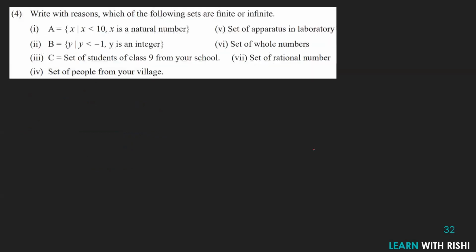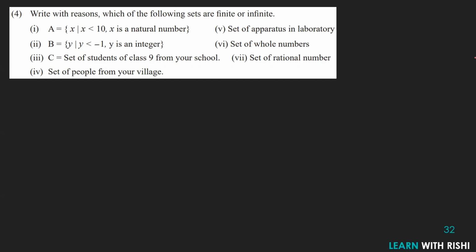Question number 4. Write the reasons which of the following sets are finite sets or infinite sets. Let us solve the first question. A is equal to set of all x such that x is less than 10 and x is a natural number. So first we'll write the set in roster form. So what will be my elements in set A?